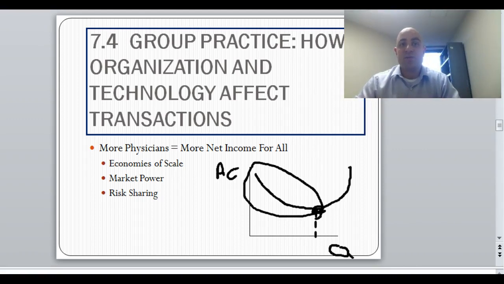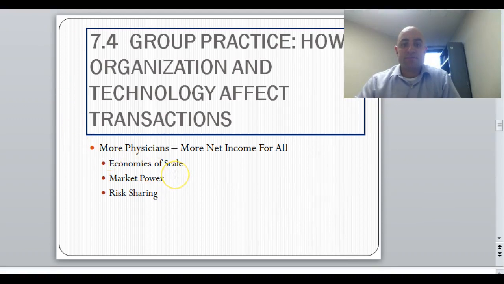And so now that rent is being split between 2 doctors, and the worker is being spread across 2 doctors. And what tends to happen though, as practices get larger and larger, they can then get things like x-ray machines, or they can buy materials in bulk. And so all these things end up lowering the costs overall, or the average costs.